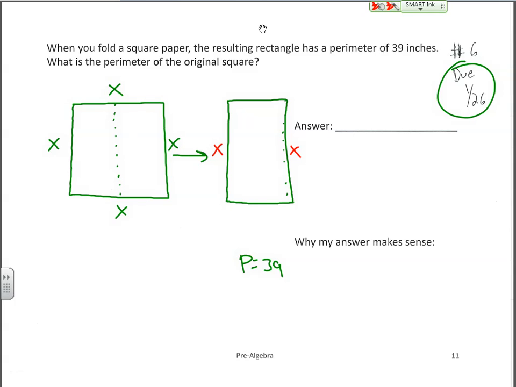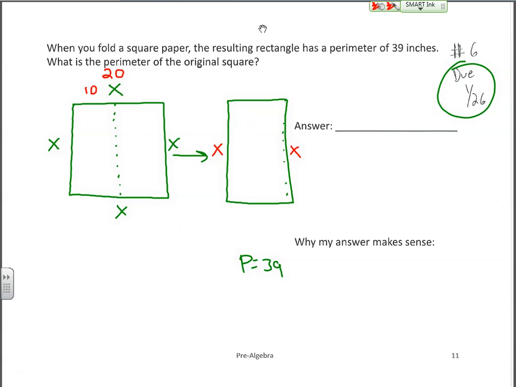We started with x and folded it in half. Let's just play around with some numbers a little bit here. Let's say that our original x value is 20. If we fold that top side in half, the side length of that top of the rectangle will be 10, right?